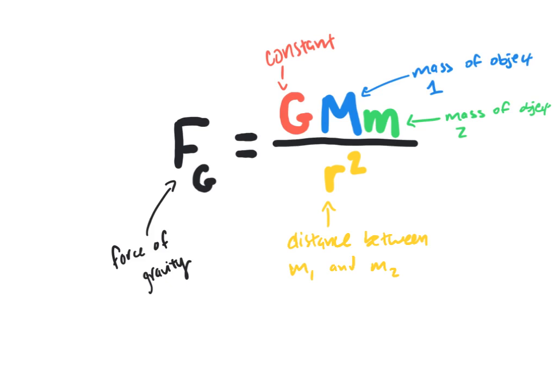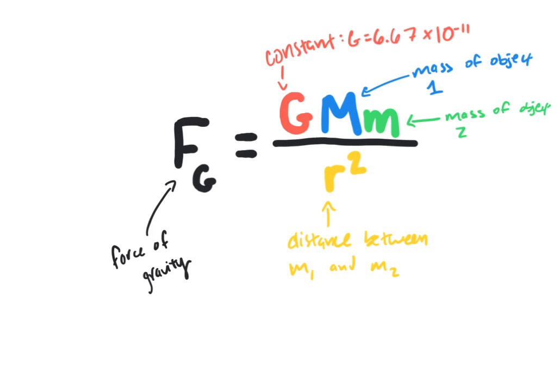However, you didn't actually solve for that constant. So I'm going to go ahead and give you the value of that constant, and it is very small. G is equal to 6.67 times 10 to the negative 11th. So that is going to be the constant that you multiply the masses of both objects by to figure out the force of gravity.